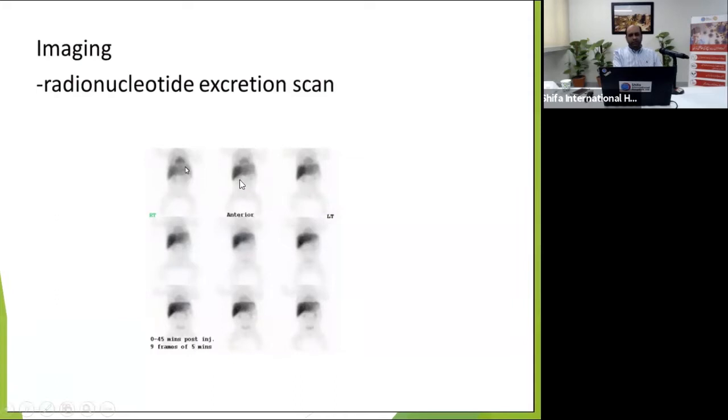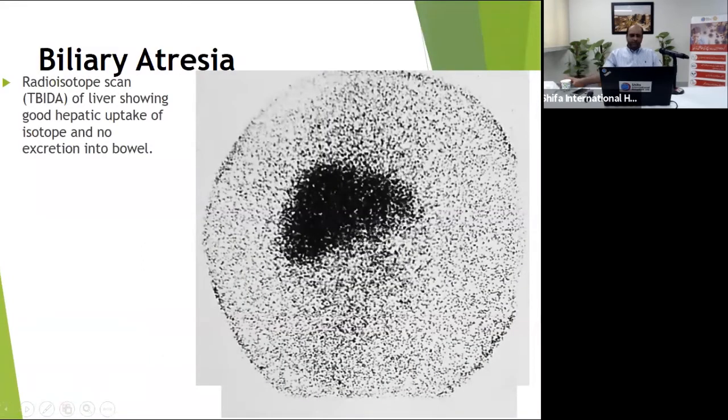However, you can see the kidneys and the bladder, but you can't see any sign of excretion of the dye in the gut. In this scan again, the dye has been absorbed only by the liver and there is no excretion.